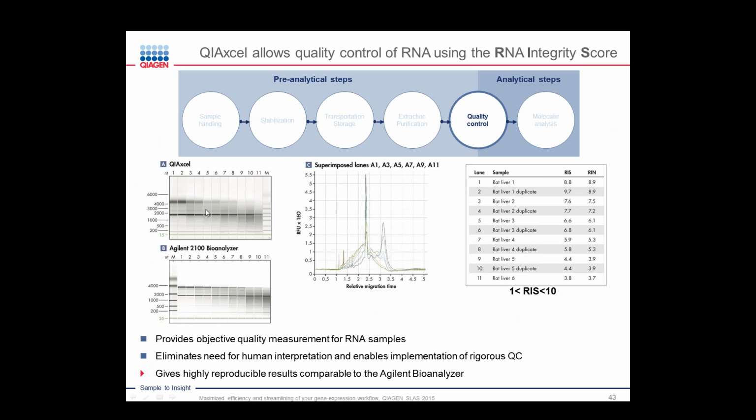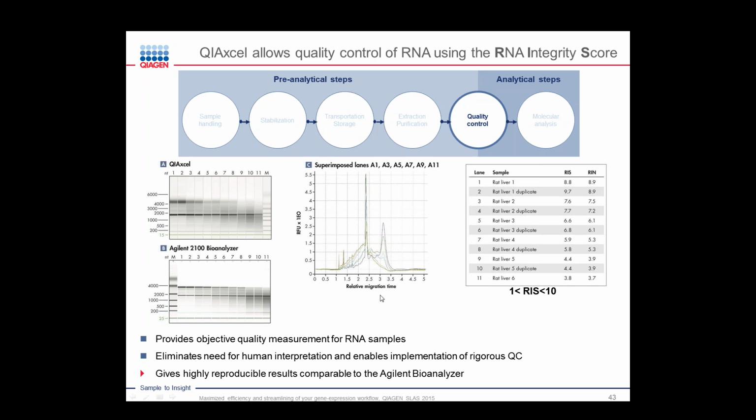Samples of increasing levels of degradation, you can see this from the left to the right, were analyzed on the QIAxcel Advanced and the Agilent bioanalyzer. The obtained RIS and RIN numbers are listed in a table here on the right-hand side, and you can see that for this example we also obtain a good correlation.